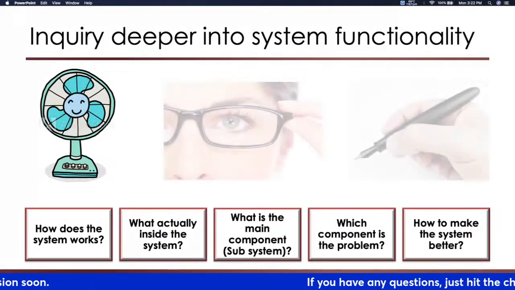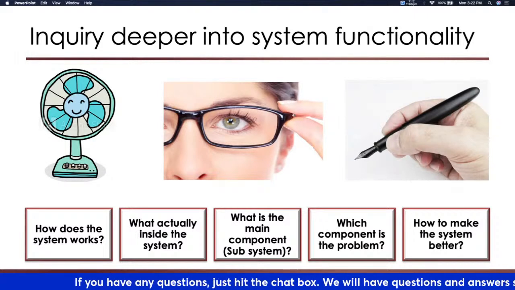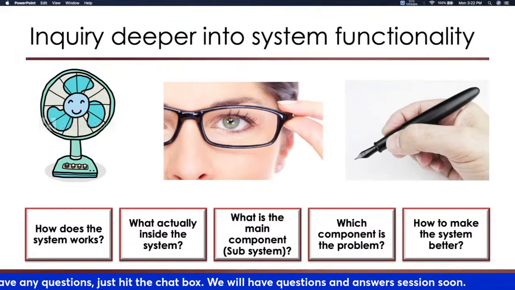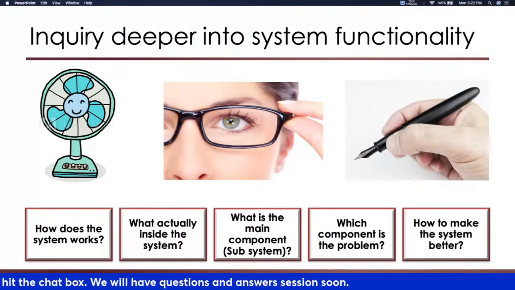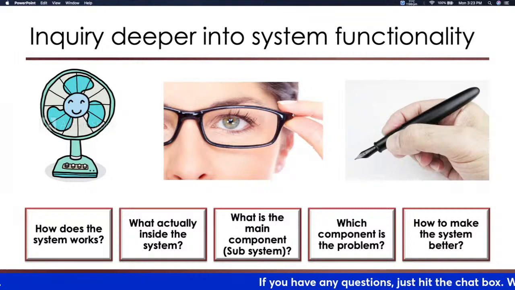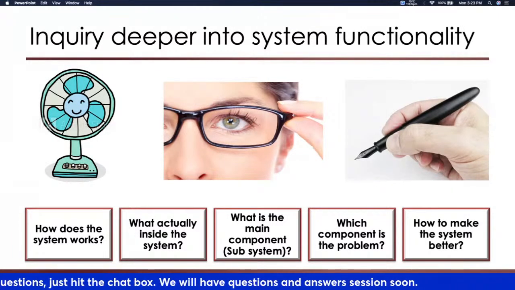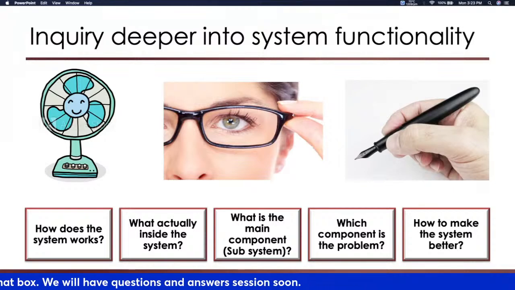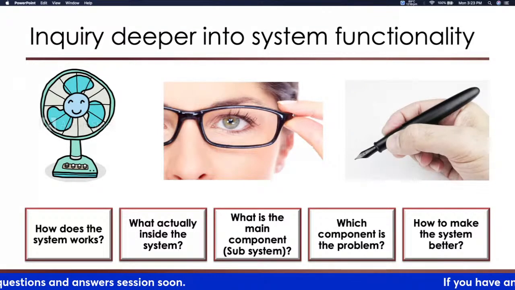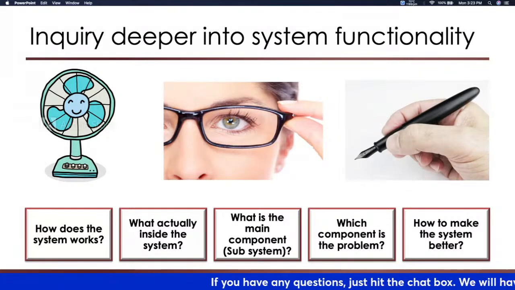So the next part is how we actually understand all this, the TRIZ way of understanding the issue. By having this kind of tool, we are able to make our process of understanding the situation more objective and more effective. How does the tool work? How does the system work? What is actually inside the system?